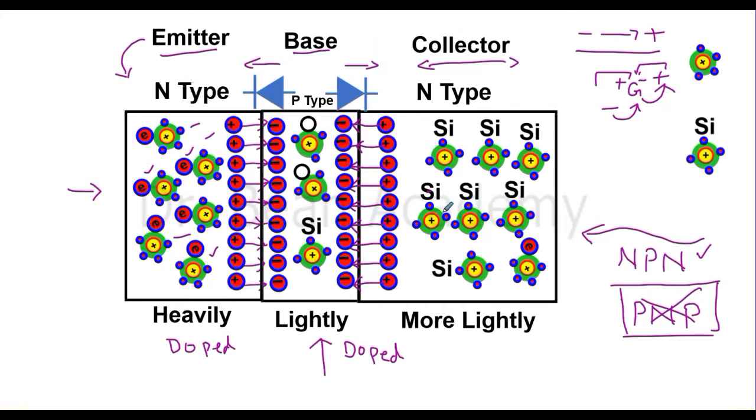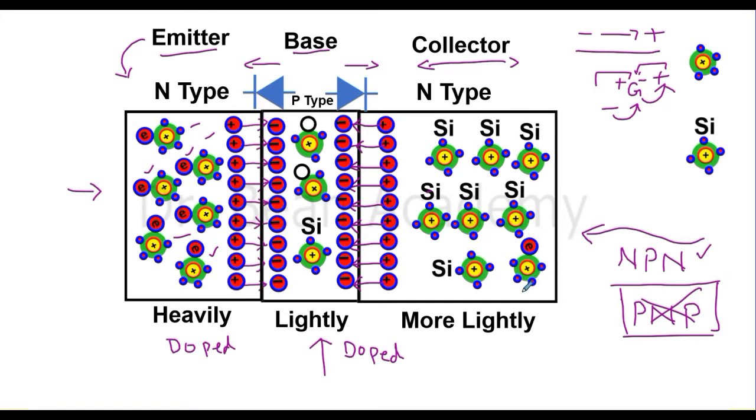The collector will collect electrons which are coming from the emitter and base. If it wants to collect electrons, we don't want free electrons in this region, right? Because the basic function of the collector is to collect electrons coming from the left, from the n-type, and of course they will pass through the base and then come to this side.